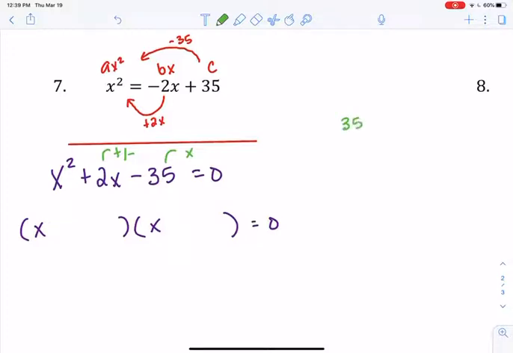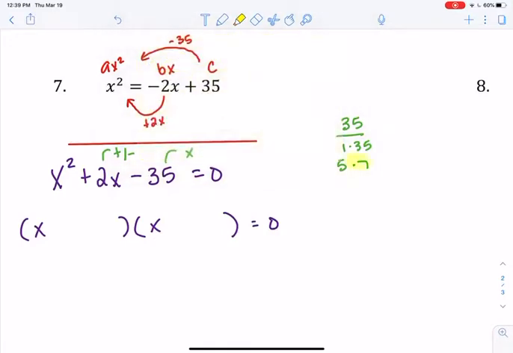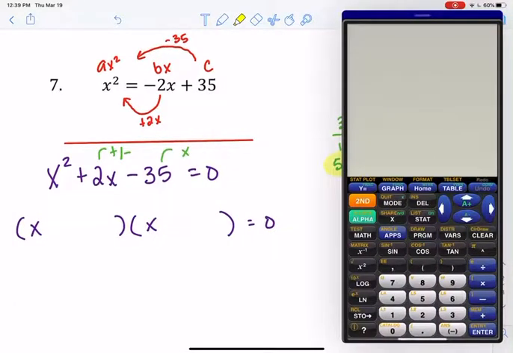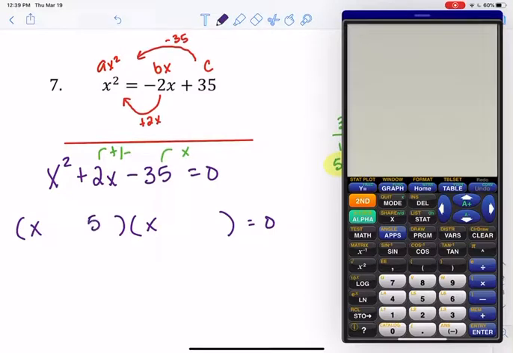So my factors of 35 are 1 and 35, and 5 and 7. So I'm going to focus on this 5 and 7 here because I think I could make 5 and 7 become a positive 2. So when you're playing around a little bit, I've got my 5 and my 7, which one's going to be positive, which one's going to be negative?